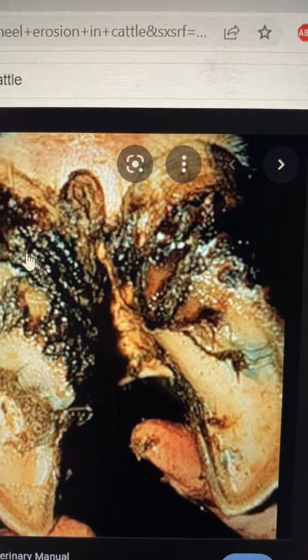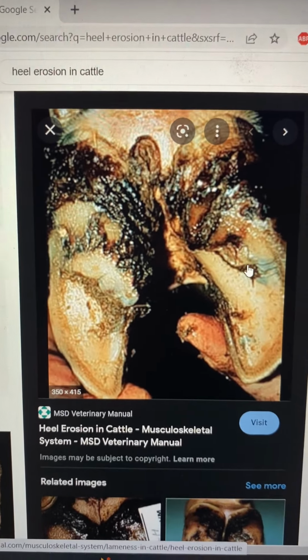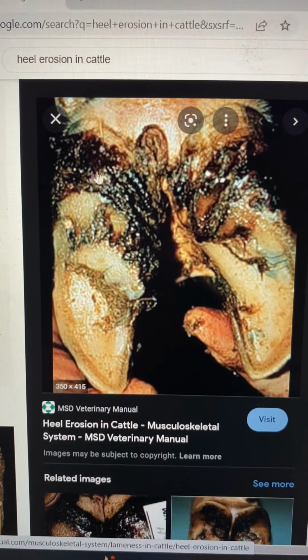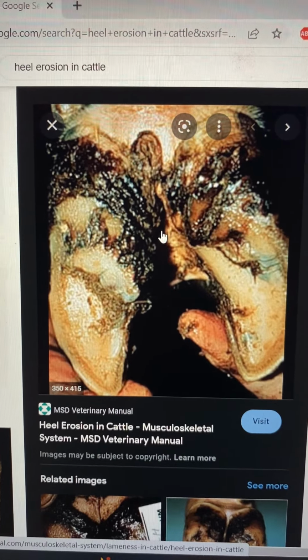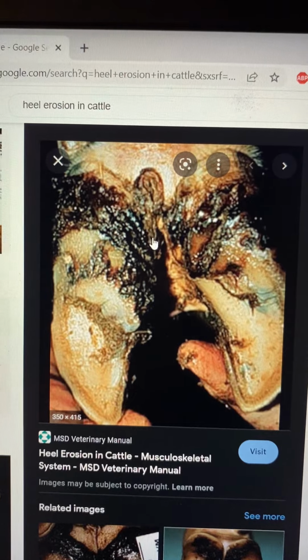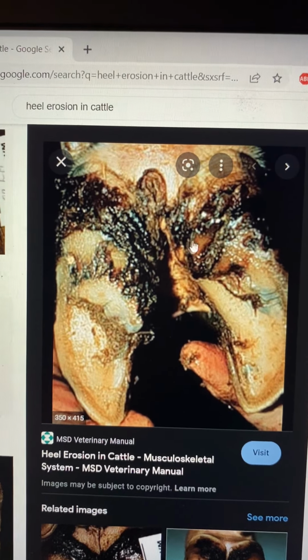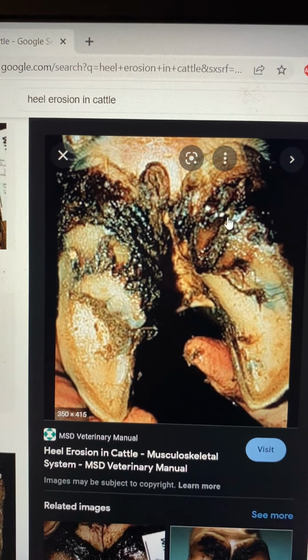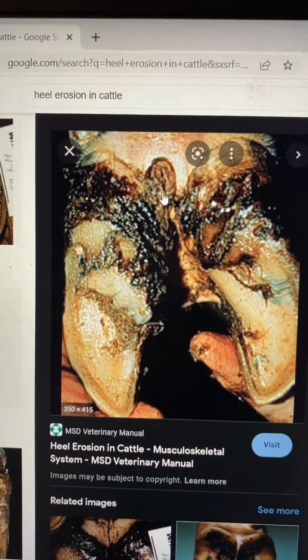Next, we have heel erosion. This is quite gnarly. This is progressive heel erosion, destruction. It's usually axial, and it's caused by Dichelobacter nodosus, the same one that causes interdigital dermatitis, and Fusobacterium necrophorum. If you're not sure, always say Fusobacterium.